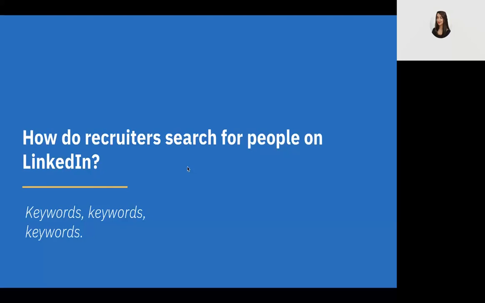Once they click search, there will be a list of candidates that will meet those qualifications, right? As you can see, this is a much more effective way for a recruiter to find the right talent. So you can probably understand why optimizing your profile and using the right keywords can really increase the chances of you being in the recruiter's list, right?